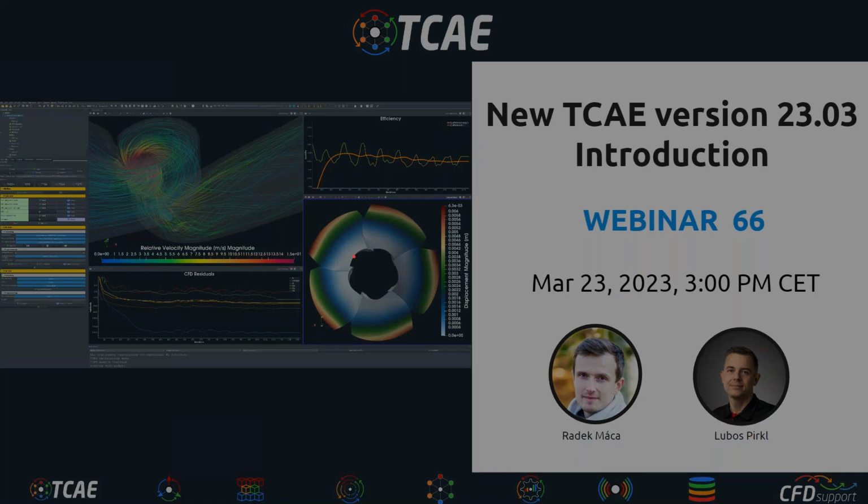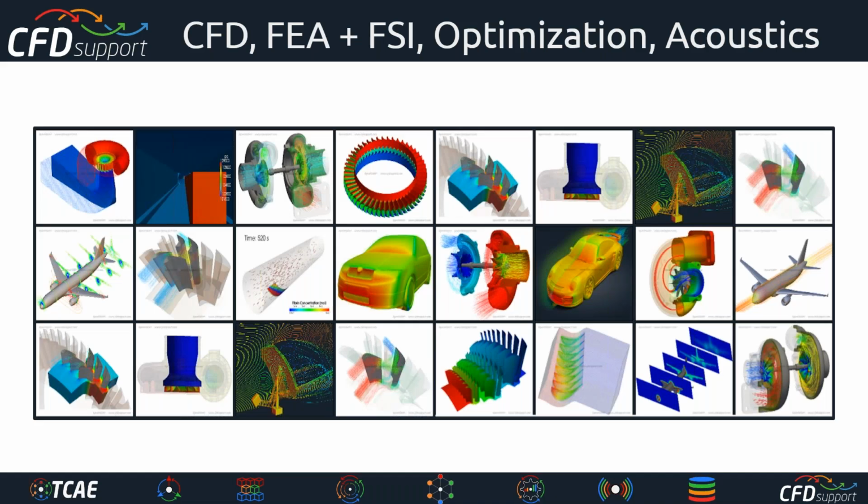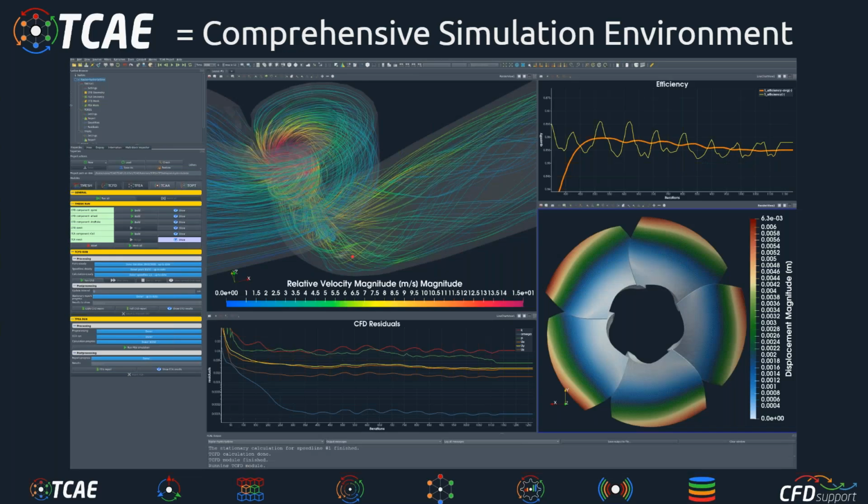So it's this icon, and I guess I can continue. So CFD Support is the company name, and I guess you know, but still, here at CFD Support we deal primarily with CFD, FEA, and FSI, with optimization and acoustics. Those are virtual simulations, and we develop special software for it.